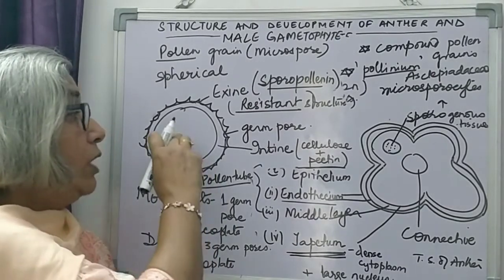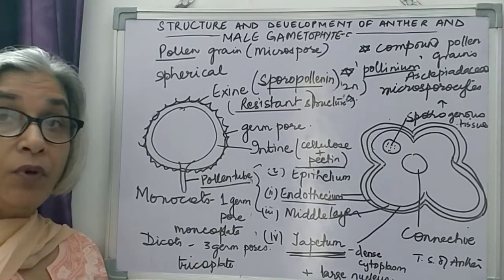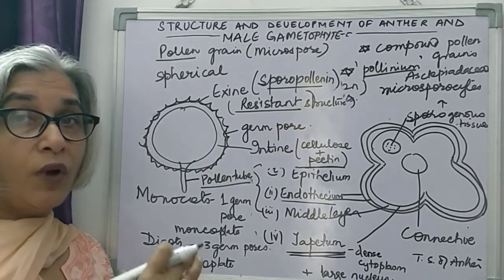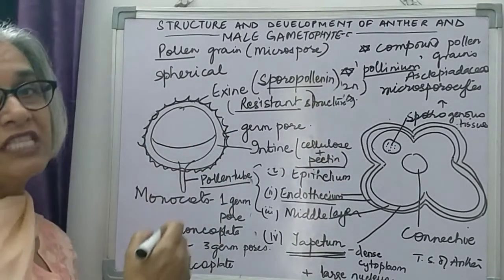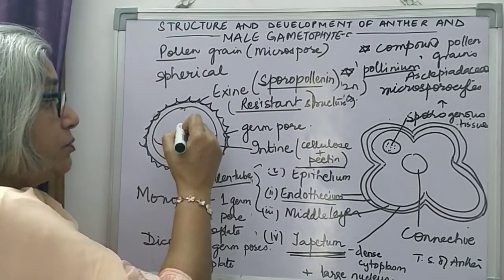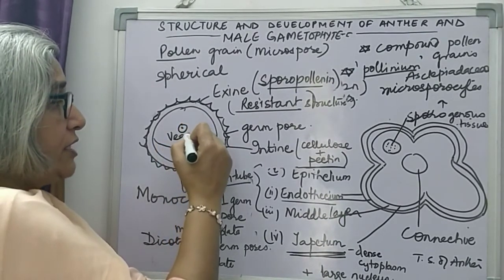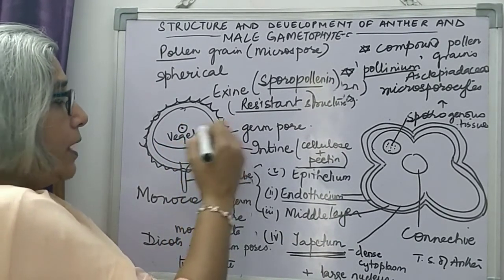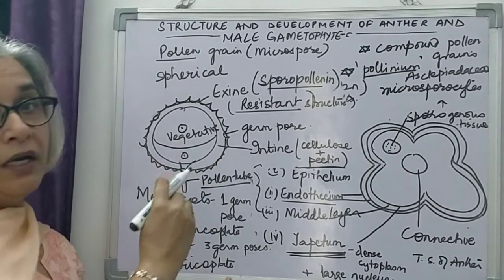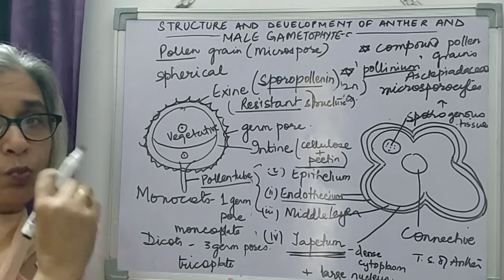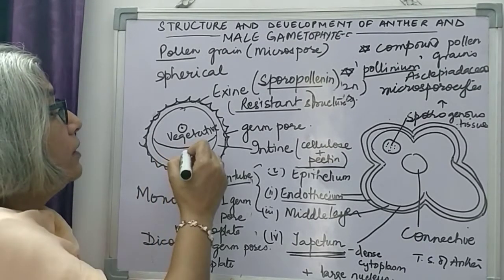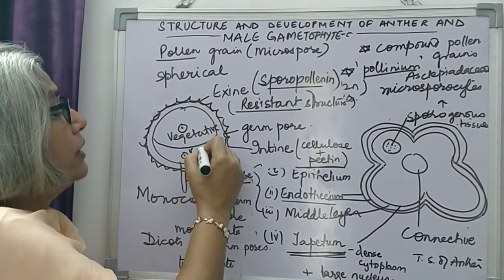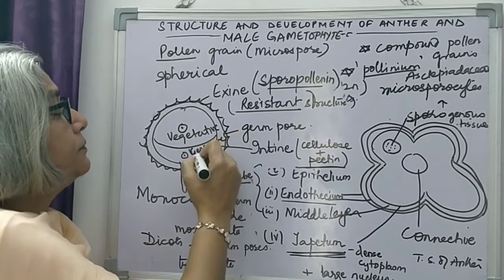Now, pollen grain is a haploid structure, and while it is maturing, it divides into 2 cells. The one that is bigger is called the vegetative cell, and the one that is smaller, spindle shaped, has more cytoplasm, is denser with a nucleus, is called the generative cell.